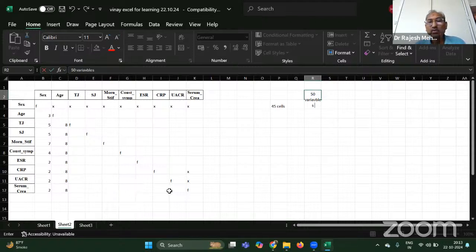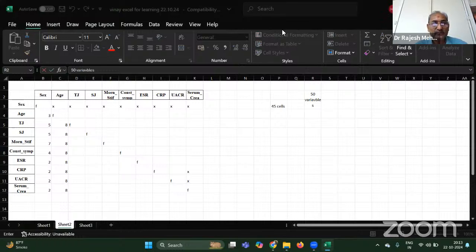Can you tell me in the chat box? If you have 50 variables, then how many cells do you need to look at? 50 into 50, that is 2500 cells.